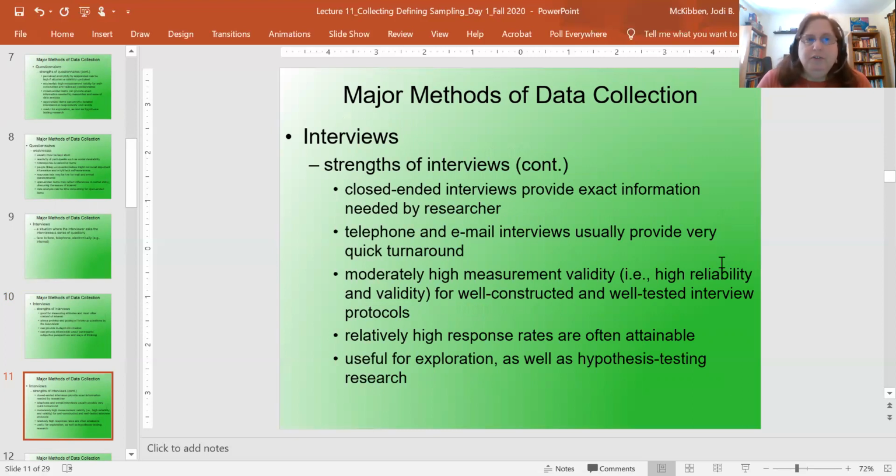Telephone and email interviews usually provide nice quick turnaround. You can have some high measurement validity for well-constructed and well-tested interview protocols. And you typically get relatively high response rates, or you can at least. It kind of depends how you do it, but usually once a person walks in for your interview, they're not going to walk away and leave.